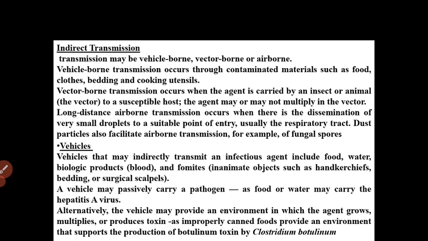Alternatively, the vehicle may provide an environment in which the agent grows, multiplies, or produces toxins, for example improperly canned foods, which provide an environment that supports the production of botulinum toxin by Clostridium botulinum. Understood?